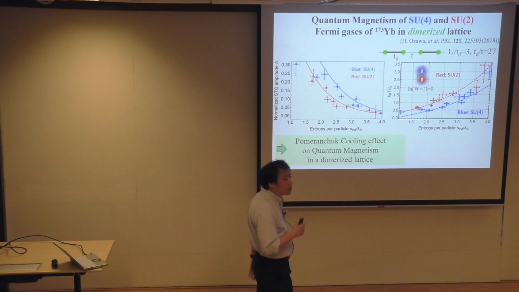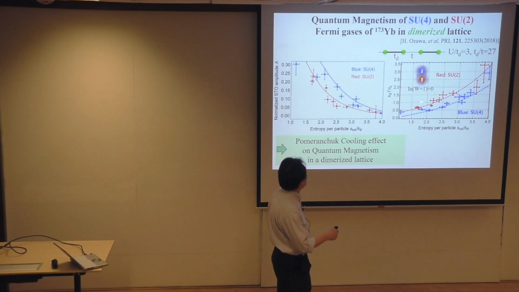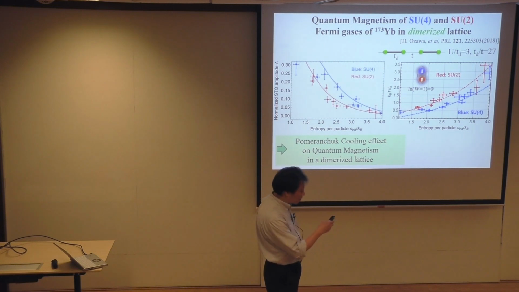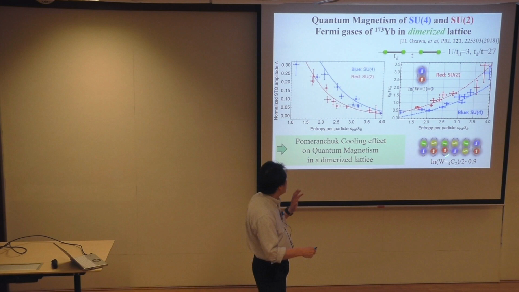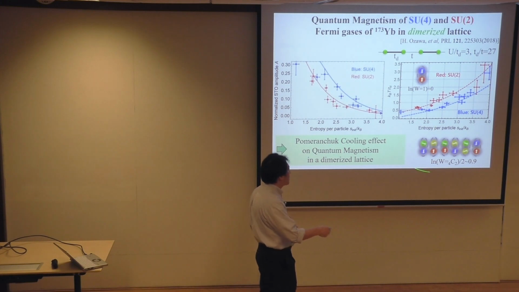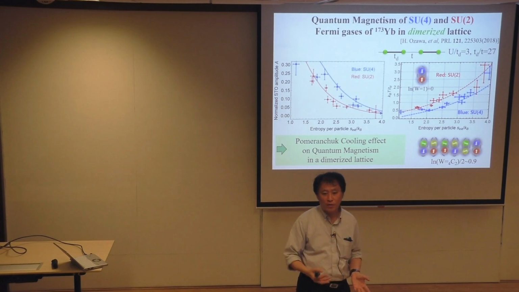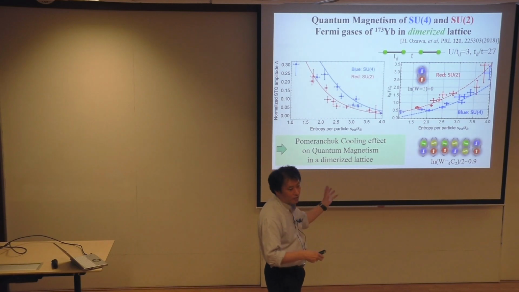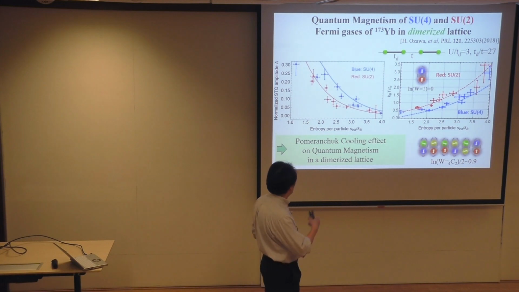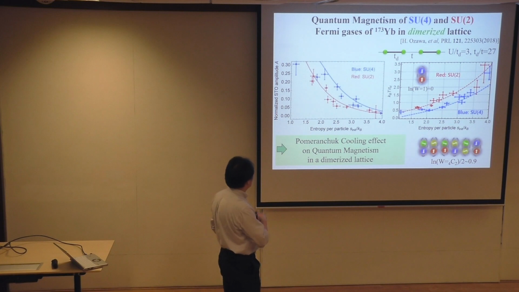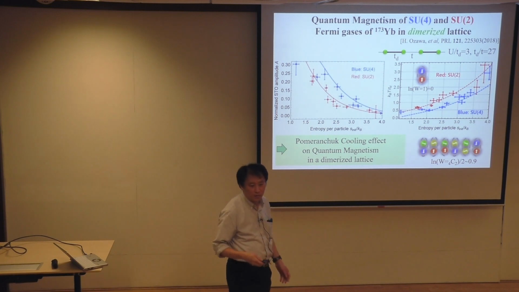In the case of SU(2), we have only one possibility of a spin singlet state, spin up and down. But in the case of SU(4), we have 6 different pairs for singlet state formation. So it can carry, again, the large entropy. So the Pomeranchuk cooling effect works even for the quantum magnetism in a dimerized lattice.